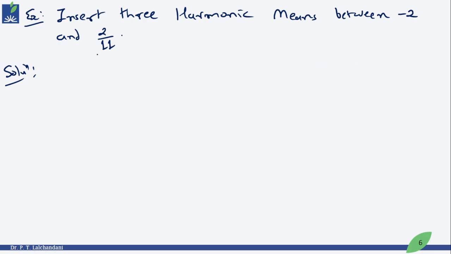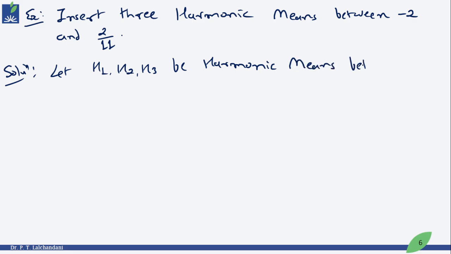So let h1, h2, h3 be harmonic means between -2 and 2 by 11. What does this mean?